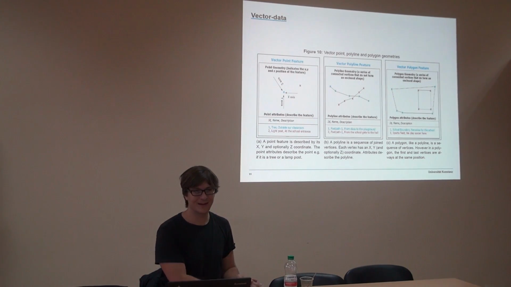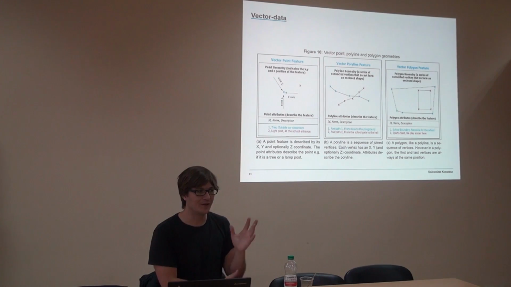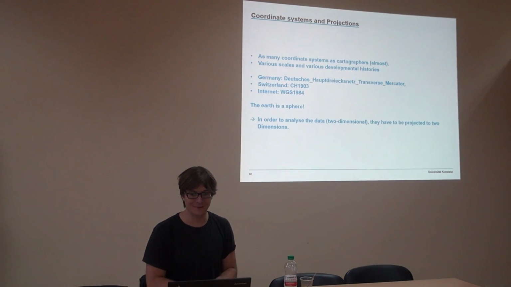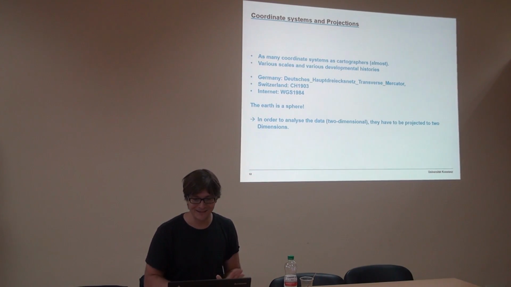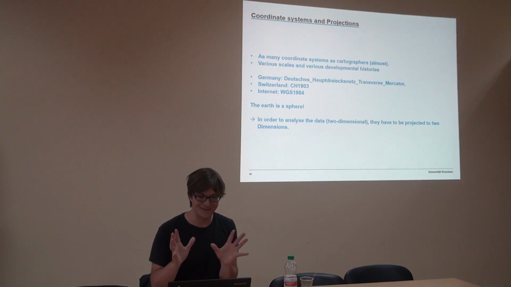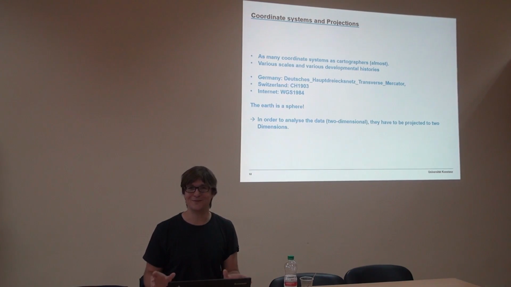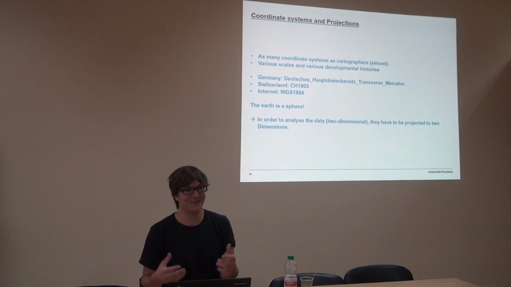So this is one side: what kind of units or elements do we have? And the other side is what kind of coordinate system or projection do we have. I have to keep this short because coordinate systems are such a big topic, because there are almost as many coordinate systems as there are geographers. At least that's the impression.